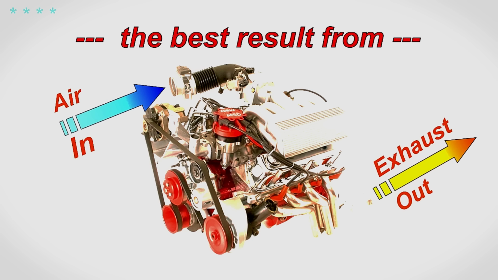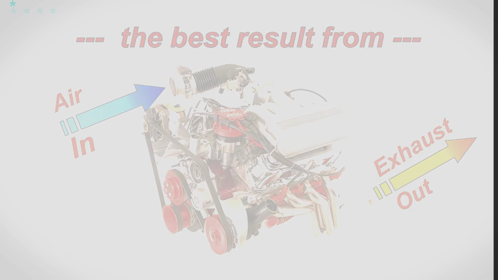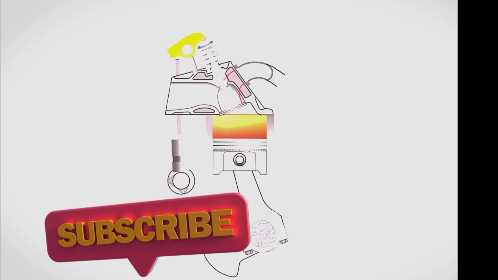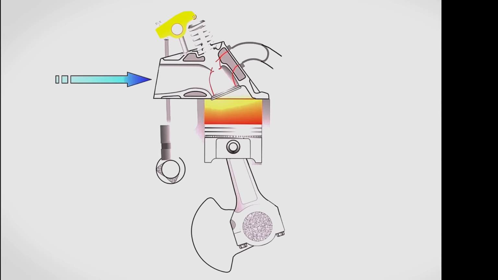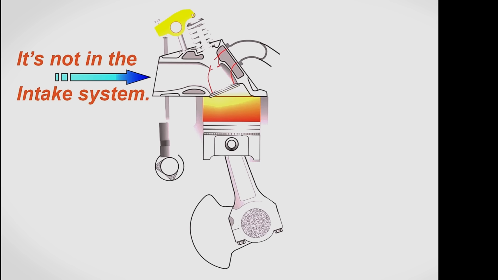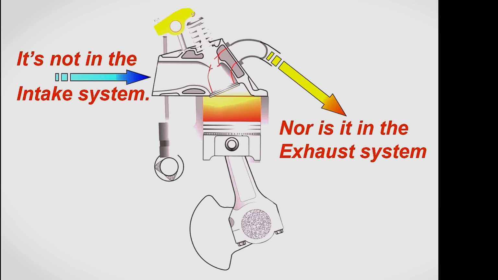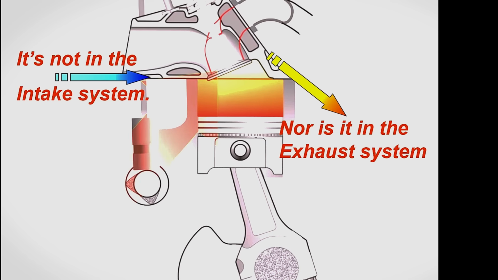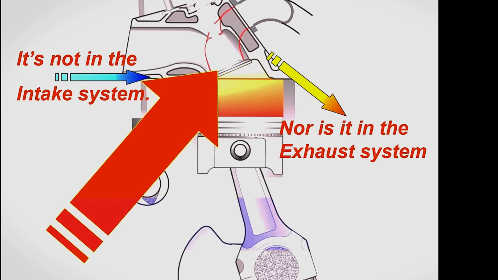So that's exactly what we're showing here. So where's the point of greatest restriction in our overall system in the search for output? It's not in the intake system or the intake port. It is not in the exhaust. It is right at the intake valve.